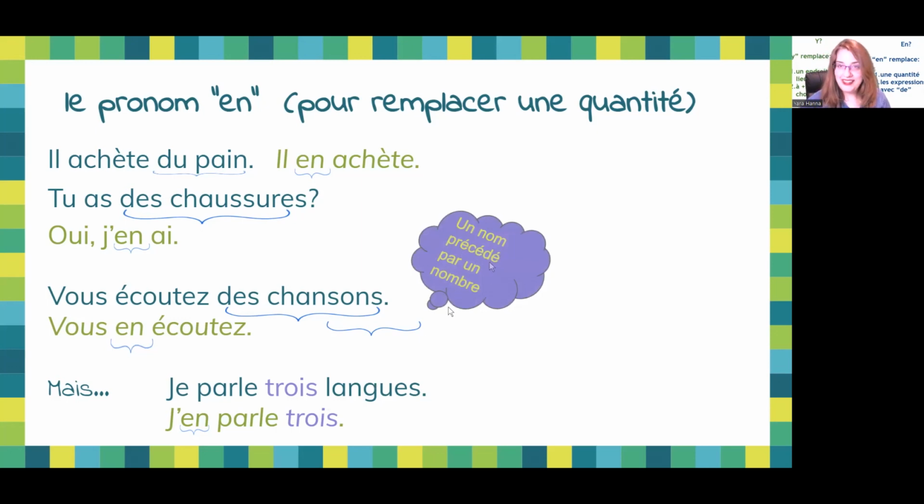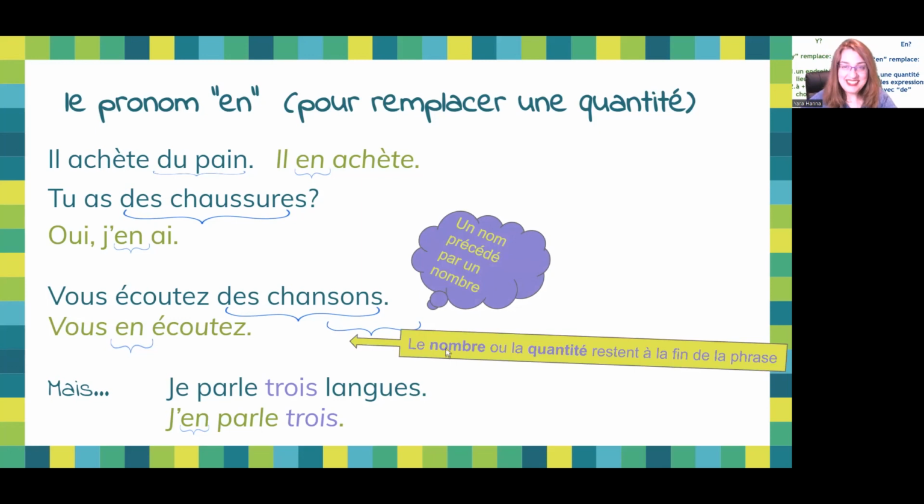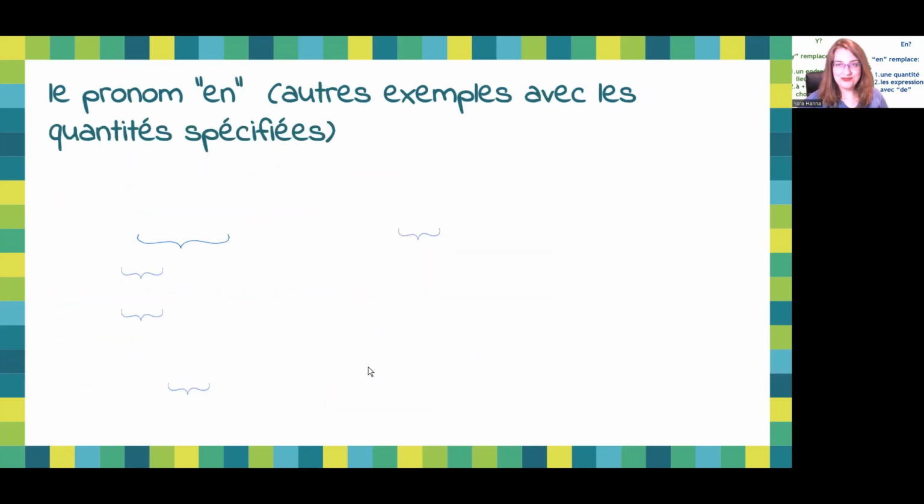Voilà, langue is a noun précédé par un nombre. Le nombre ou la quantité reste à la fin de la phrase. Je parle 3 langues, j'en parle 3. I speak 3 languages, or I speak 3 of them.